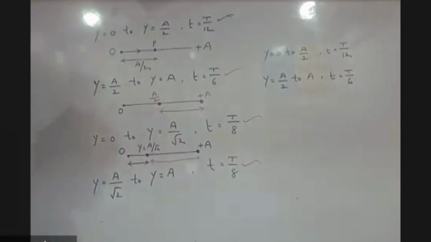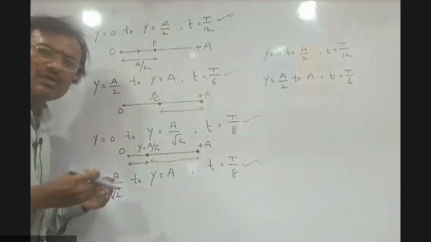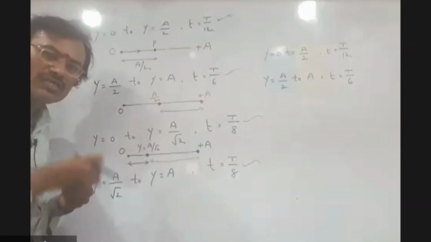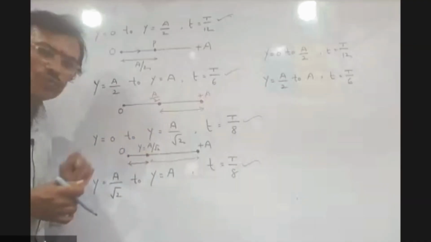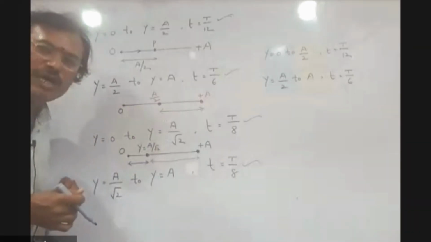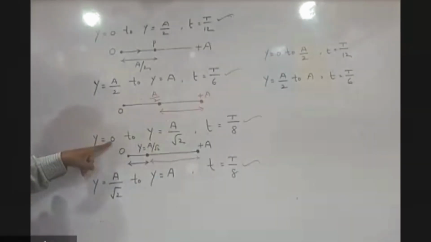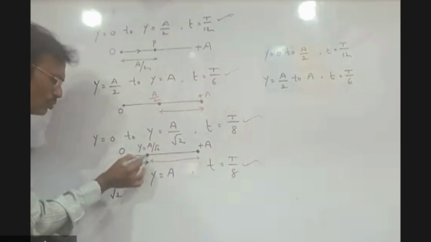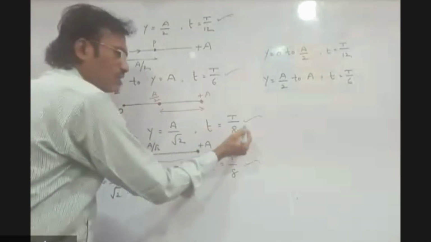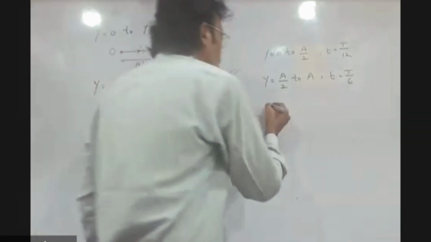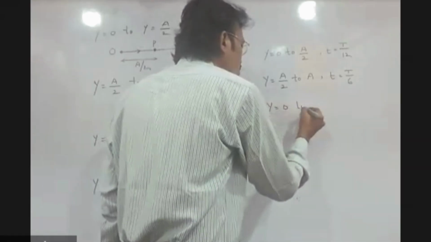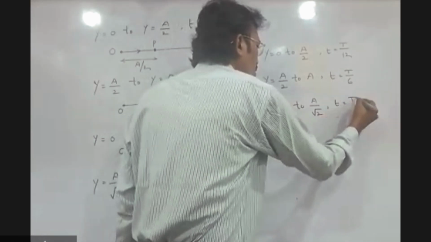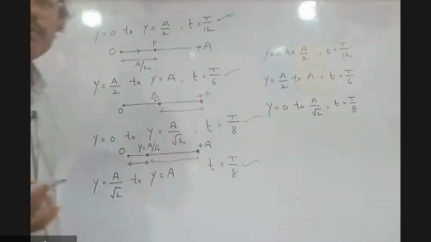Now, some other position in between 0 and A by 2. What is that position? A by root 2 is the displacement of the particle from the mean position. So 0 to A by root 2, how much time is taken by the particle? T by 8. So Y is equal to 0 to A by root 2, the time is T by 8.